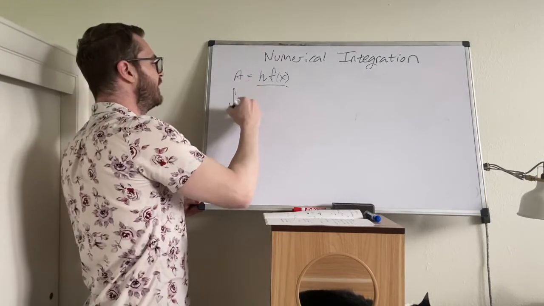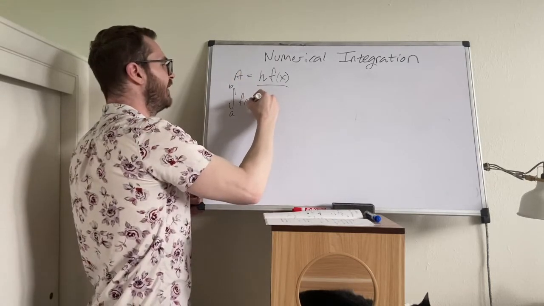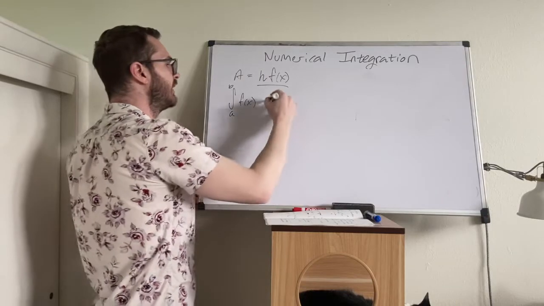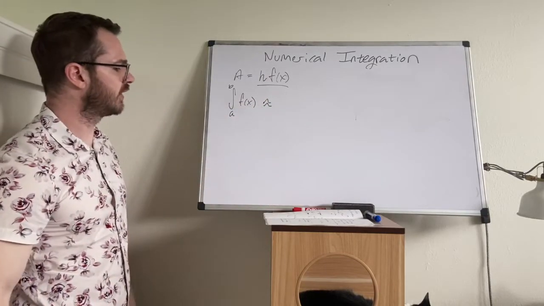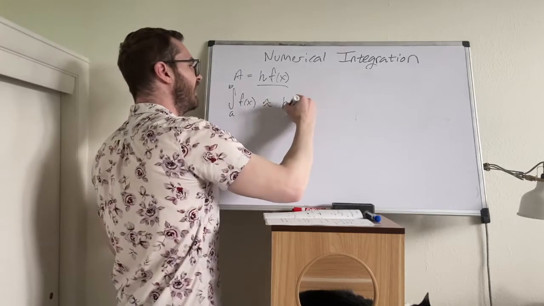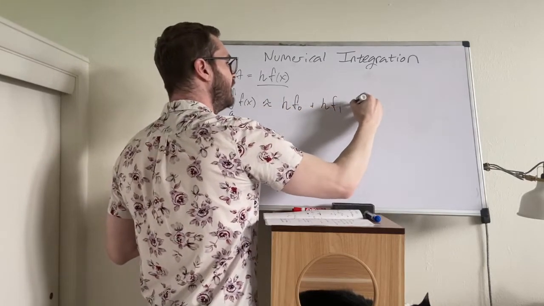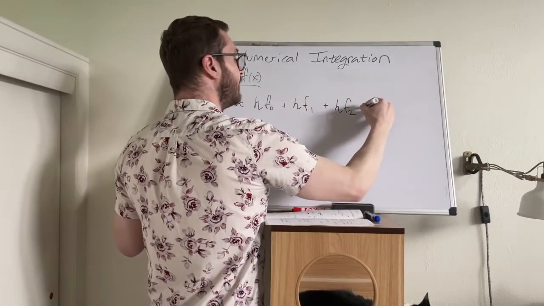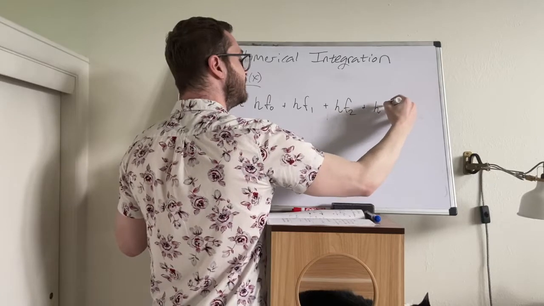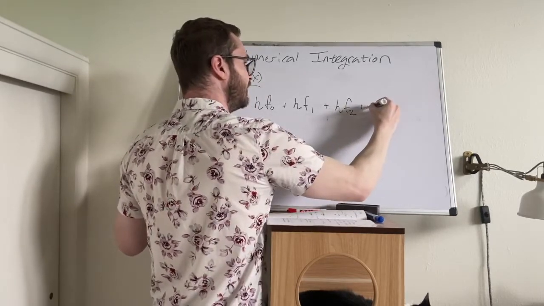That means that the definite integral from a to b of f of x, this is what we're attempting to calculate, is approximately equal to h times f0 plus h times f1 plus h times f2, plus h, dot, dot, dot.